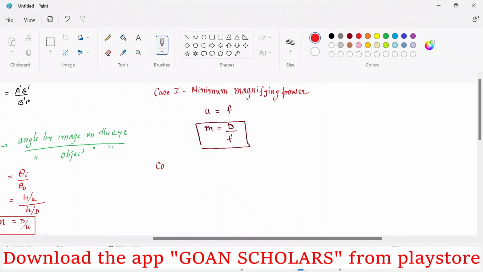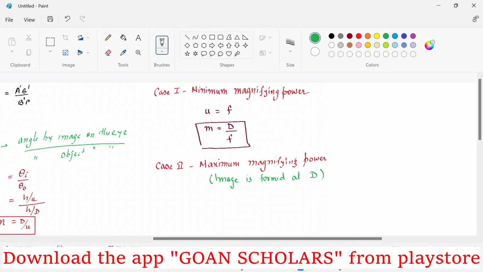Second is case 2, and that is your maximum magnifying power. How do we write maximum magnifying power? Maximum magnifying power is when the image is formed at D, the least distance of distinct vision.